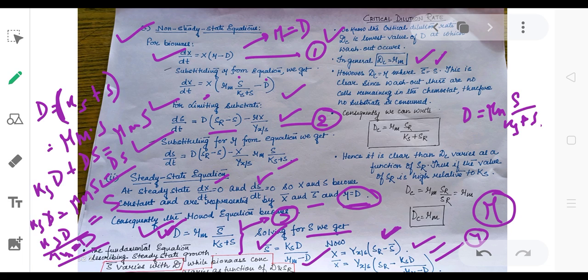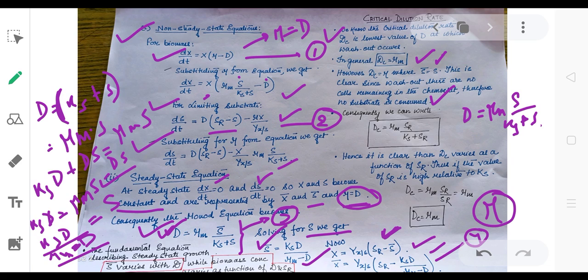This is clear. Since at washout there are no cells remaining in the chemostat, therefore no substrate will be consumed. So they are saying that when there is a washout from the vessel, the microorganism will be removed. And if the microorganism is removed, then the substrate in the seed tank will be equal to the substrate in the chemostat. Why? Because there is no microorganism to consume that particular substrate from the chemostat.